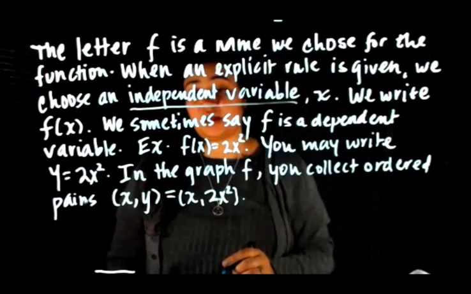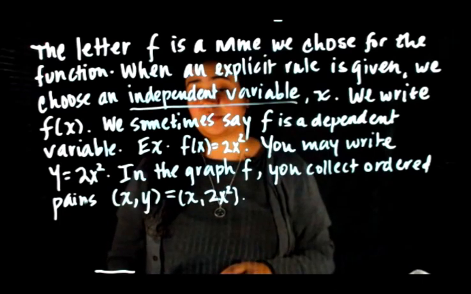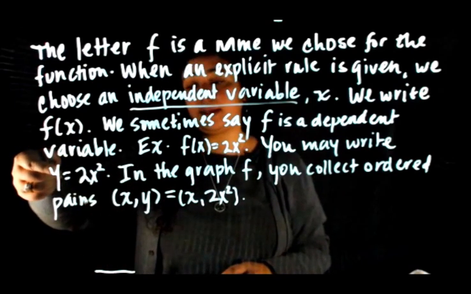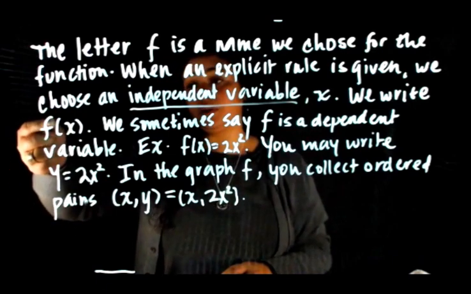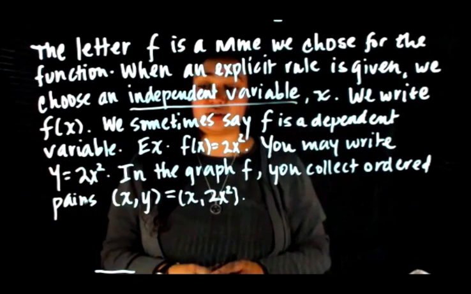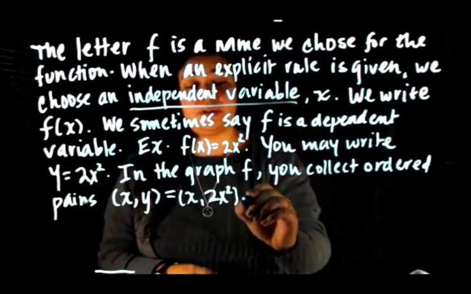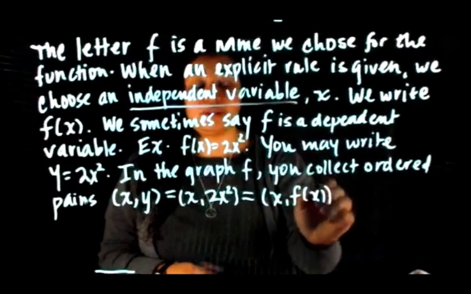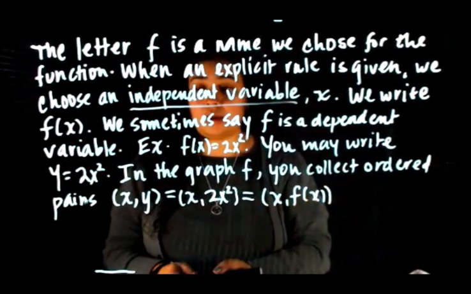Most of this is done for convention purposes, but really the letter y might be referred to as the dependent variable. The letter f would be referred to as the function. f and y would be considered interchangeable, so it would still be correct to write x, f of x, once the assignment has been made.